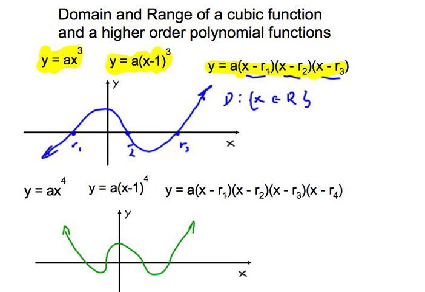This is a very general type of equation that defines a cubic function. How do we know that this is a cubic function? If you expand and multiply those brackets all together, you will get a in front, and then x times x times x gives you x squared times x, which is x cubed. So yes, this is an example of a cubic function.